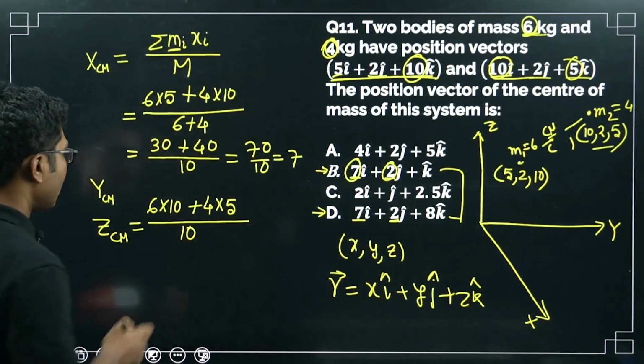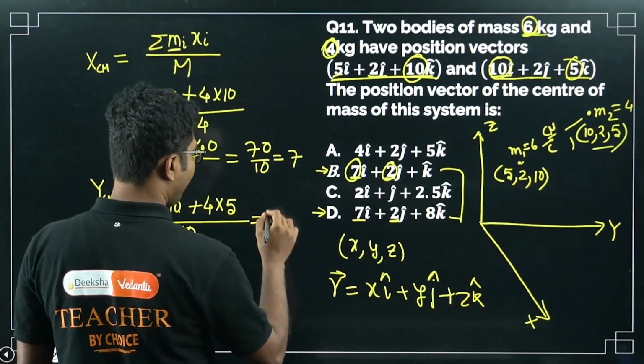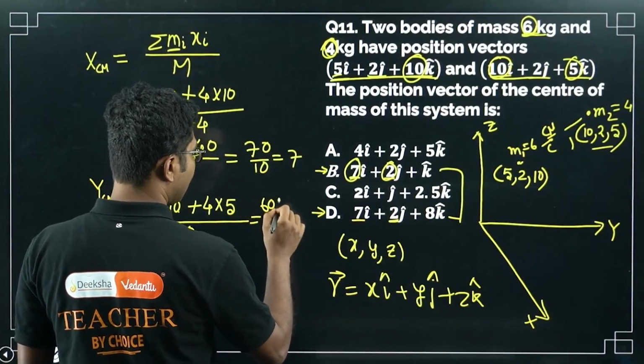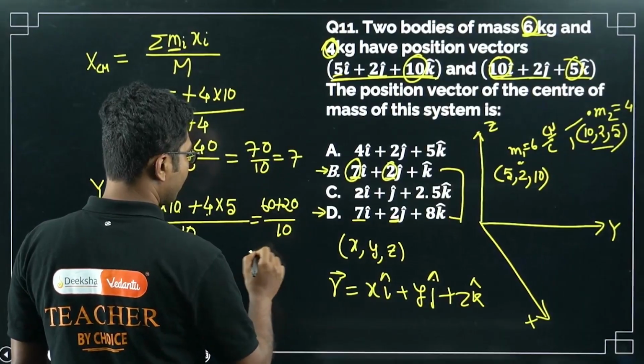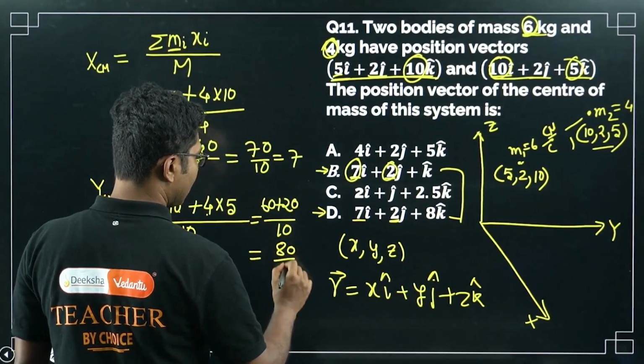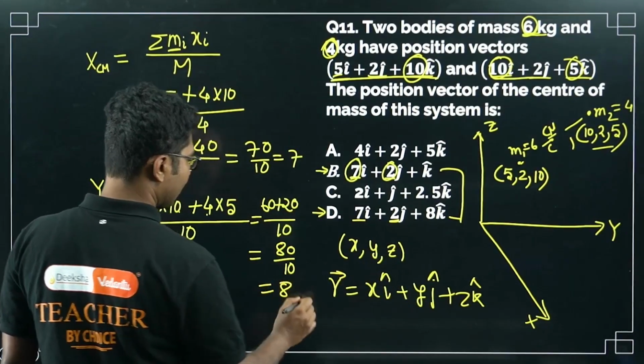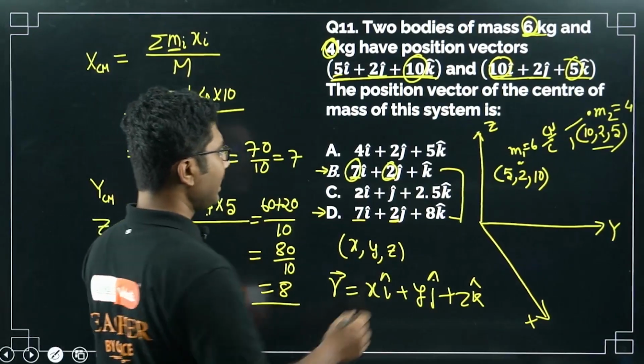We already know that. So it will be 60 plus 4 5s are 20, by 10. So it will be 80 by 10, or it will be 8. Right? So the correct answer will be this one.